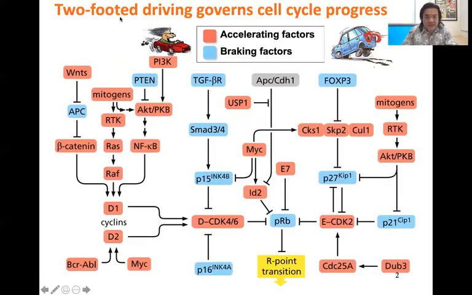This is something that we looked at last time as a summary slide. It helps us appreciate that at any given time, the cell, especially in, let's say, G1 phase of the cell cycle, is listening for different types of messages coming in from the outside onto its cell membrane and being transduced into intracellular cytoplasmic signaling pathways that are trying to nudge the cell to do one thing or the other.